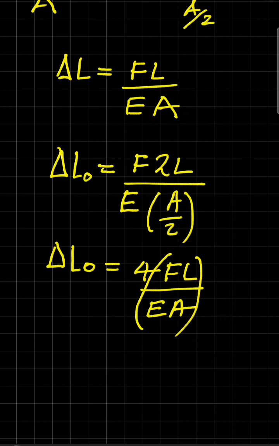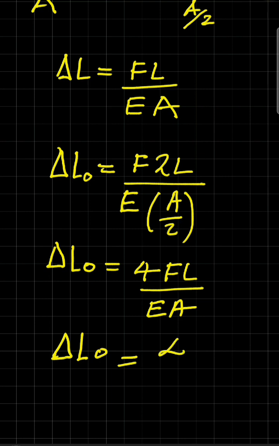Okay, so in short, what we have here is the extension of the second wire will be equal to 4 times the extension of the first wire. The extension of the second wire will be equal to 4 times the extension of the first wire.